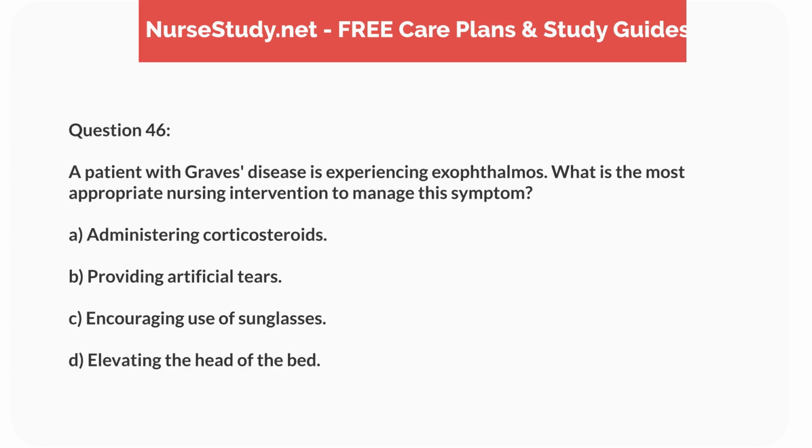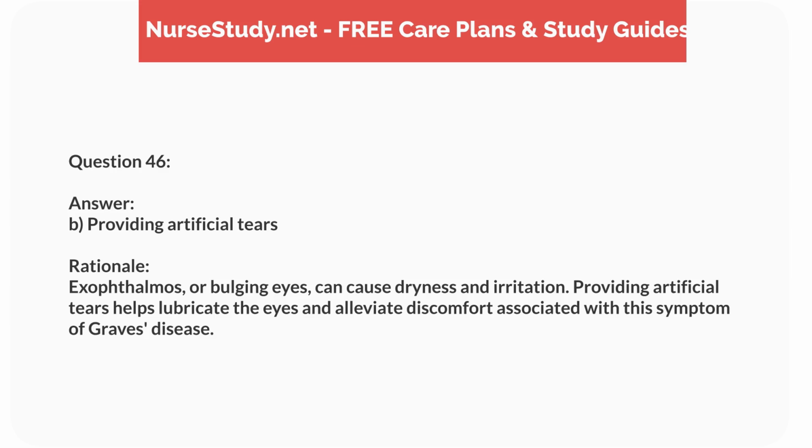D. Elevating the head of the bed. Answer. B. Providing artificial tears. Rationale. Exophthalmos, or bulging eyes, can cause dryness and irritation. Providing artificial tears helps lubricate the eyes and alleviate discomfort associated with this symptom of Graves' disease.